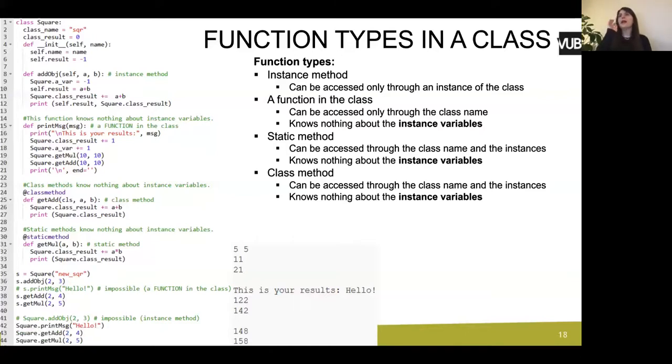So we had in total 4 different function types, and the most common ones are instance methods. And let's see what's the usage of class methods and static methods. We said that a function in the class is not really common. Also, static methods are not very common, but let's see the usage of static methods and class methods.